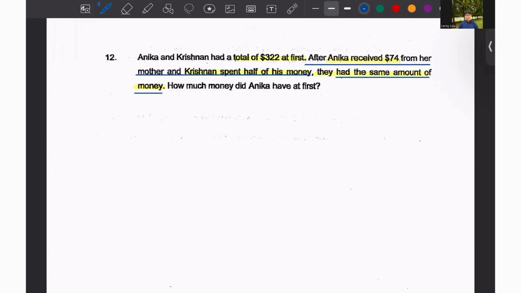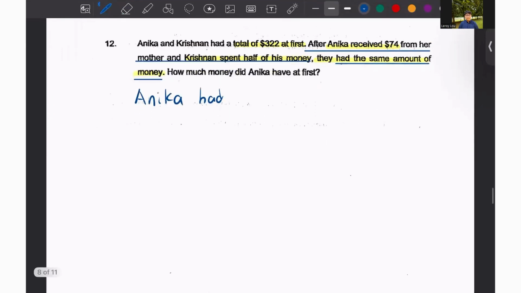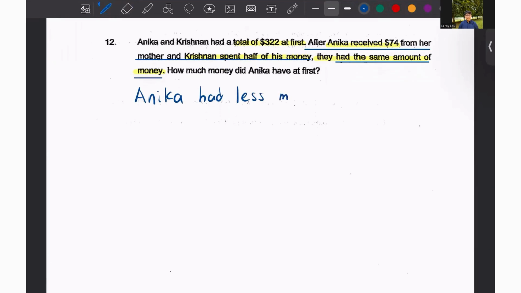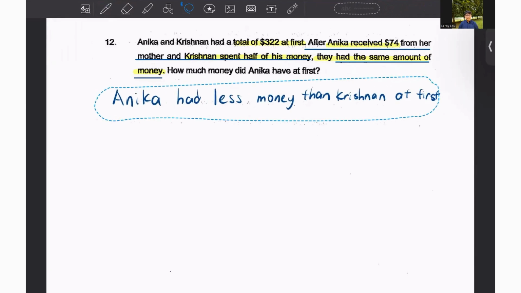So from this sentence, you should be able to tell that Anika had, sorry, not more, had less money than Krishnan at first. Okay, so you should be able to tell this.